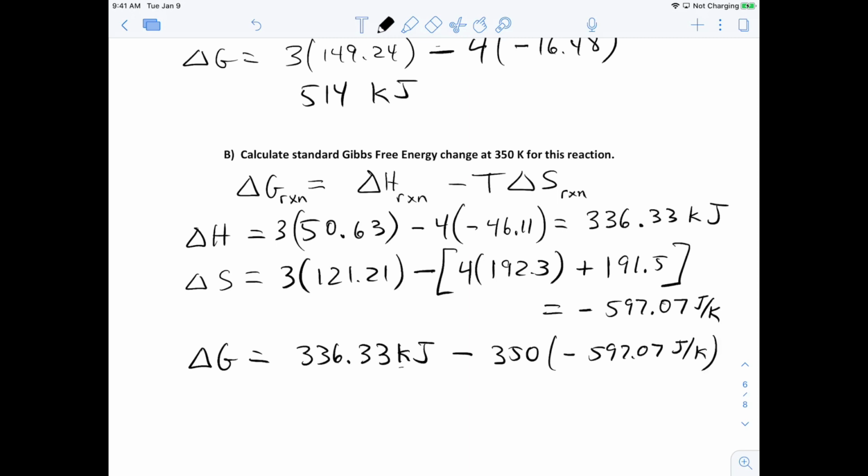So remember, you've got kilojoules here and joules here. So if you want them both to come out in kilojoules, one thing you can do is just move this decimal place 1, 2, 3 places over. Put 0.350 in your calculator instead of 350, and this will turn into kilojoules. And then everything's in kilojoules, and you'll end up with 545.